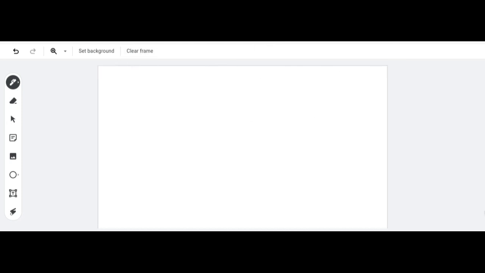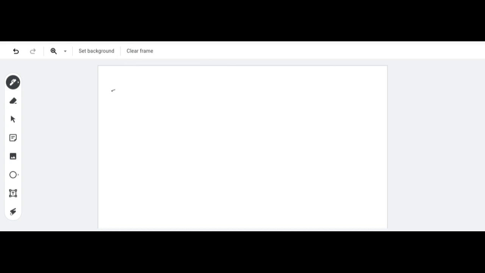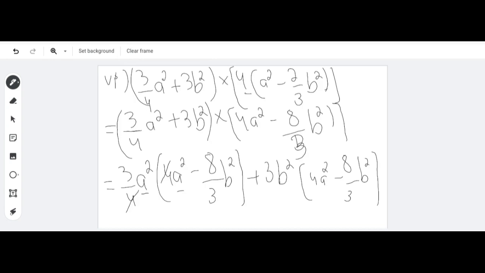So the first part will look like this. Here I can do this. This 4 will cancel with this one. Then a square times a square will become a power 4. It will give 3a power 4. Understood? Okay. Then minus, I have here 8 by 3 b square.